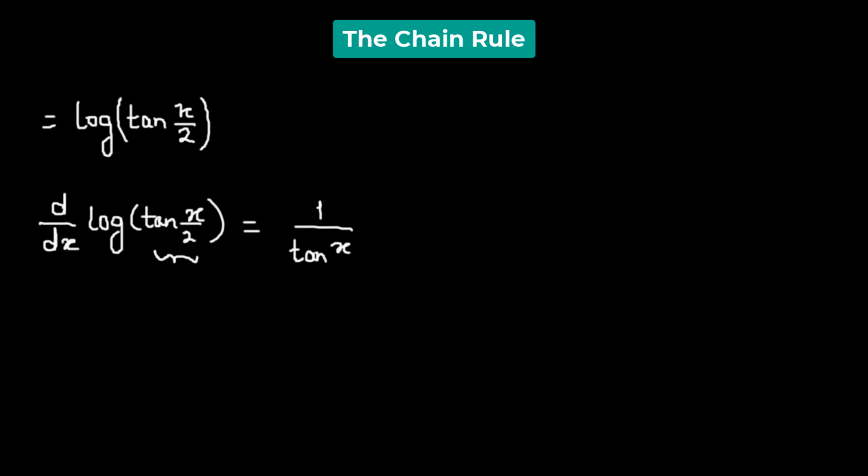So x here is tangent of x over 2. Then we multiply it by the derivative of the assumed function, which is tangent of x over 2. So 1 over tangent of x over 2 is simply, let's leave it the way it is, 1 over tangent of x over 2.